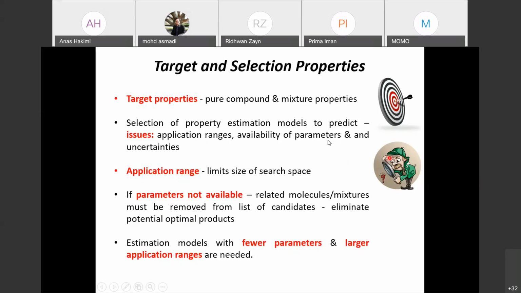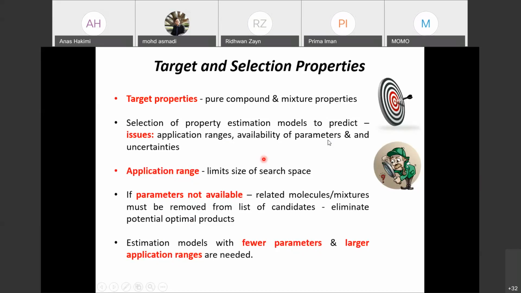For the application range, actually, we limit the size of the search space for CMD or CMBD problems, and there is less opportunity to find the target compounds. So the larger the search space, the harder it is to find the target compounds.